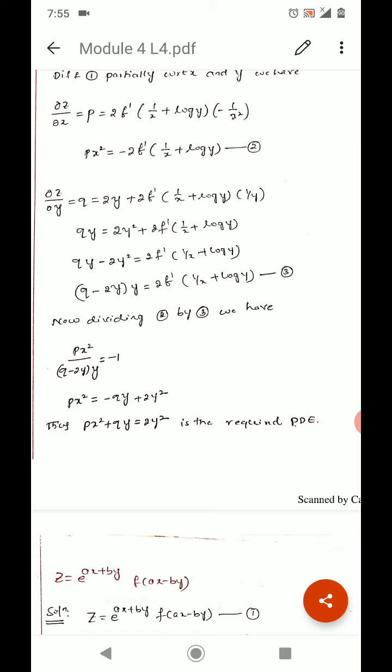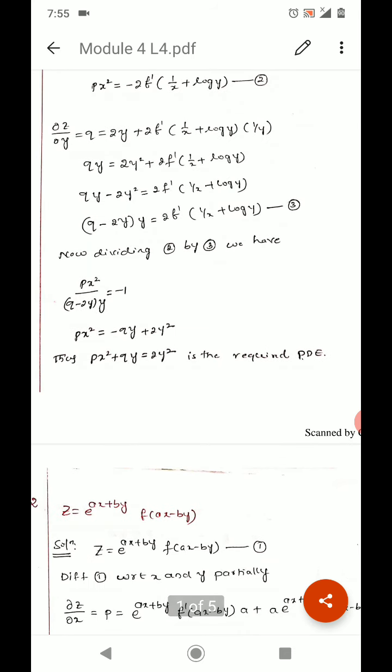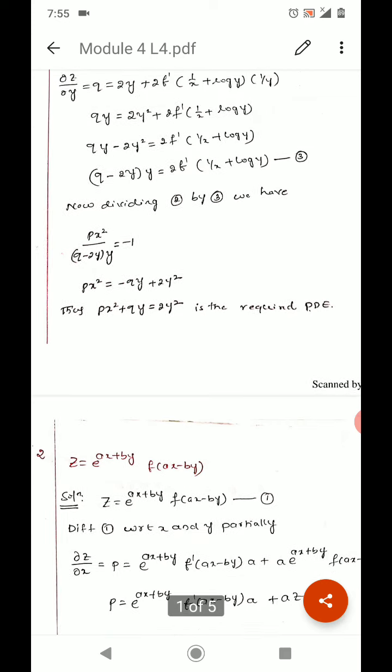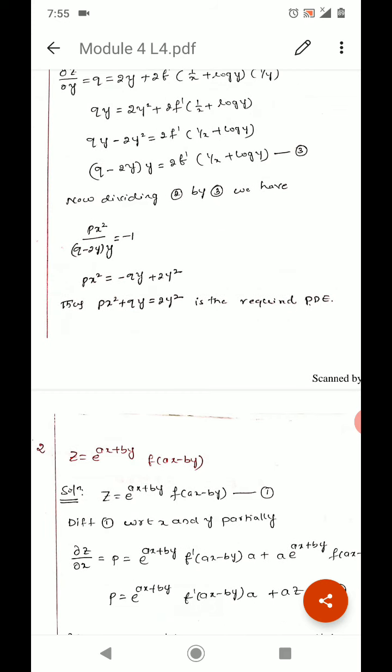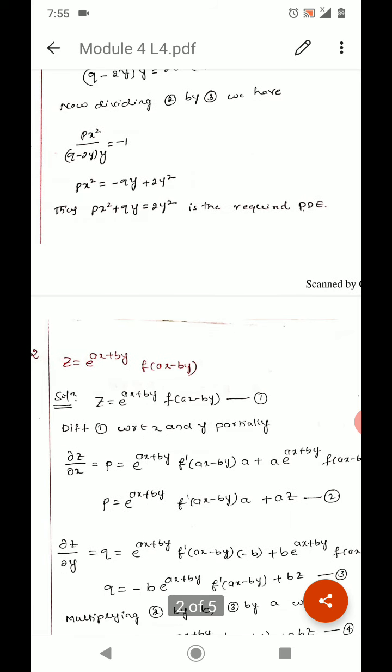We obtain only minus 1. So we have px square is equal to minus qy plus 2y square, by cross multiplying q minus 2y times y to the right side. Thus px square plus qy equal to 2y square is the required PDE.